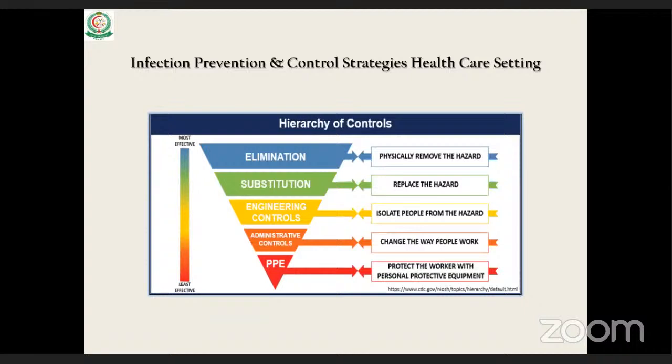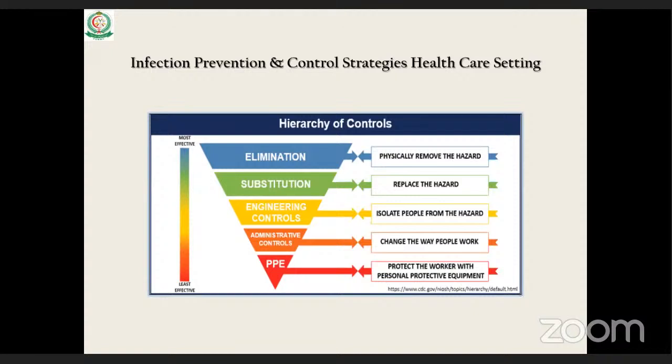In case of COVID-19, what we can do to eliminate the virus is early detection or early diagnosis of positive cases, isolating them, whether home isolation or hospital isolation, and substitution, for example, instead of seeing the patient physically, we can use telehealth or a virtual visit to the clinic.